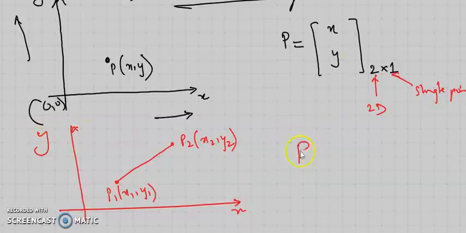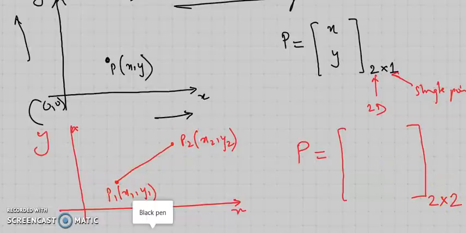There will be my P matrix, that is point matrix. Since it is 2D, 2 will come, that means there will be 2 rows. But for a single point there is a single column. Now how many points are there? 2 points are there. So there will be 2 columns in it. So 2 columns means there are 2 points.